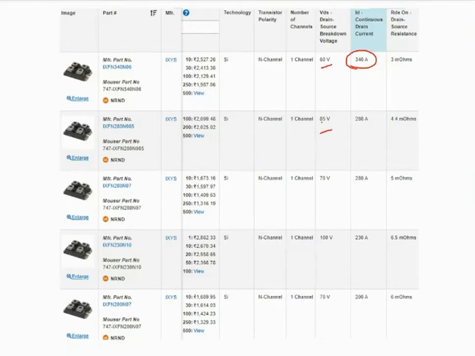So please keep visiting sites like Element14, or this Mouser, or I believe you're familiar with DigiKey. There you will get to know about all this information.